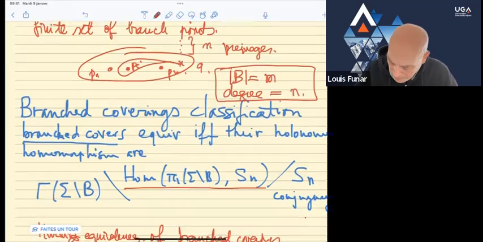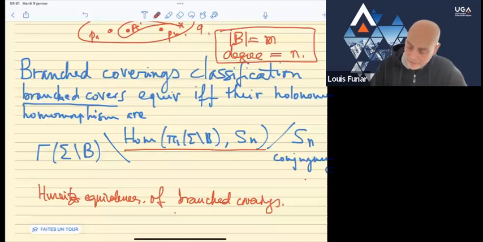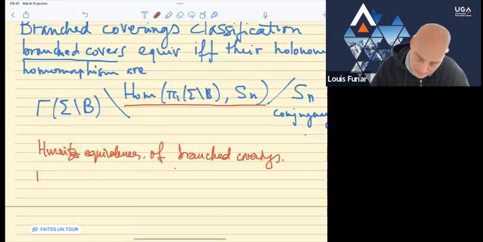And here on the right side we have the action by conjugacy of Sn, because of course changing the base point will change the homomorphism by a conjugacy on the right side. And I have put here some group gamma.